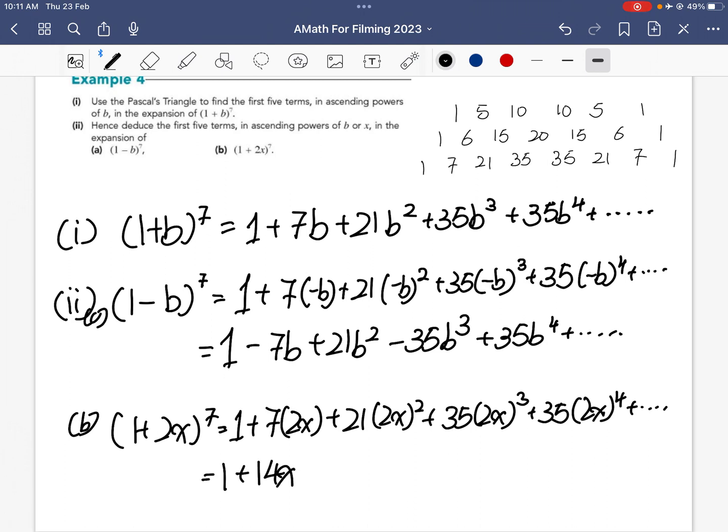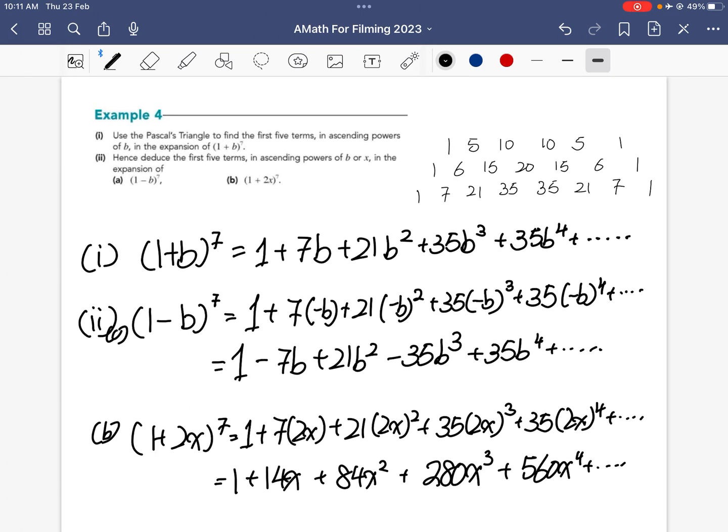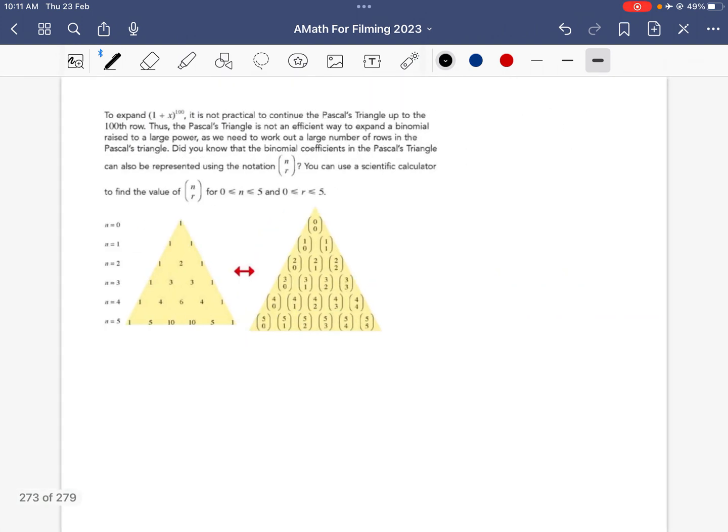So if I simplify, this gives me 14x, plus 21 times 4x squared will give me 84x squared. 35 times 2x cubed, 2x cubed will give me 8x cubed. So 35 times 8x cubed will give me 280x cubed. And 2x to the power of 4 is 16x to the power of 4, times 35 will give me 560x to the power of 4. That is example 4.